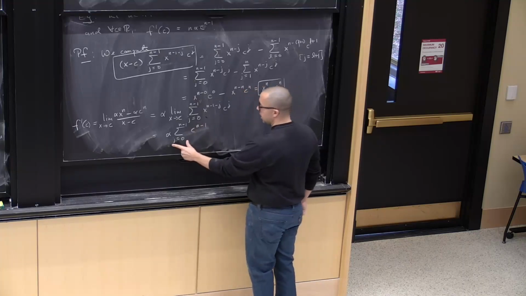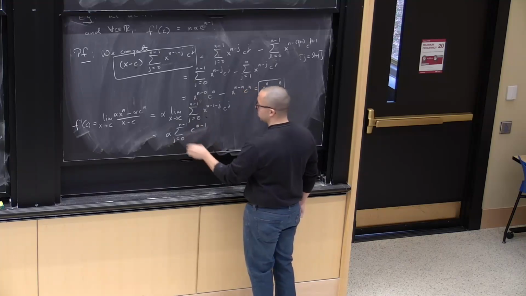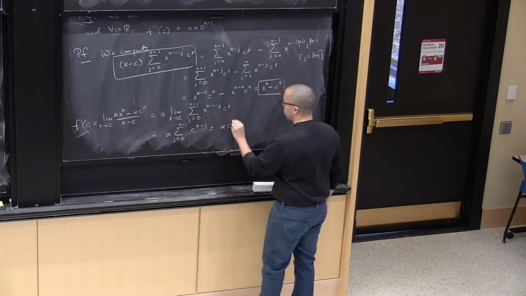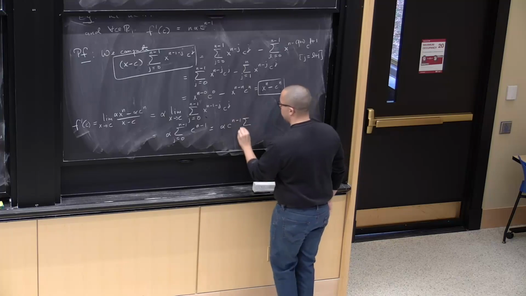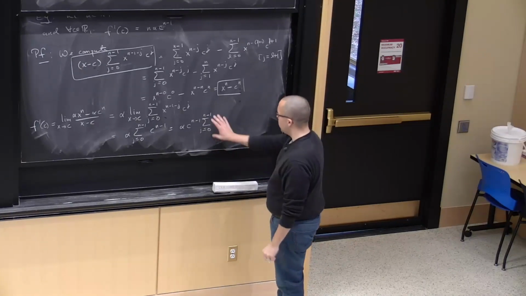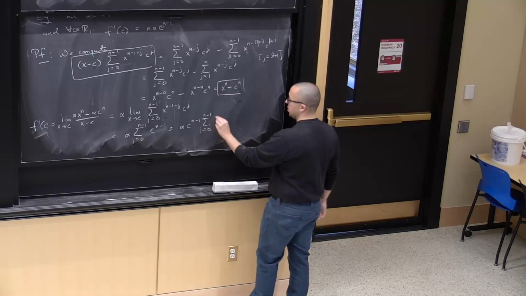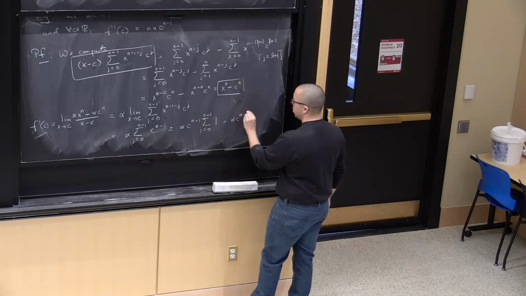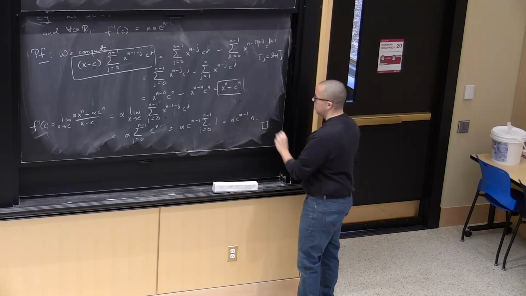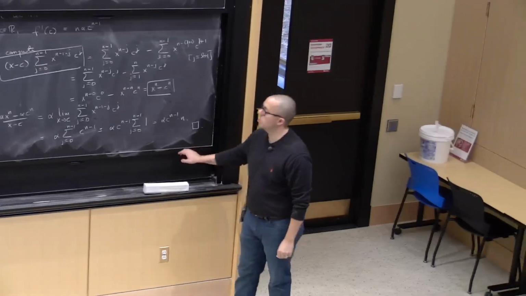I'm summing in j. There's no j here, so that just pops out, times the sum, j equals 0 to n minus 1 of 1. And there's n of them times 1, so this is just n. And that's the proof. Okay, so I'm sure you saw that at some point.